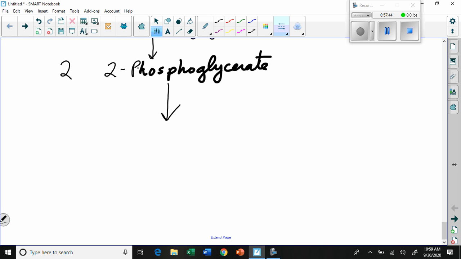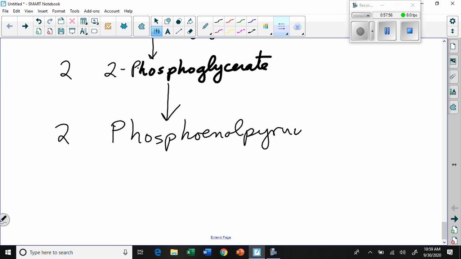Then, very quickly, we're almost there. The phosphoglycerate here gets turned into 2 phosphoenolpyruvates. Pyruvate. And of course, to make this happen, we have to extract 2 waters out. 2 H2Os.